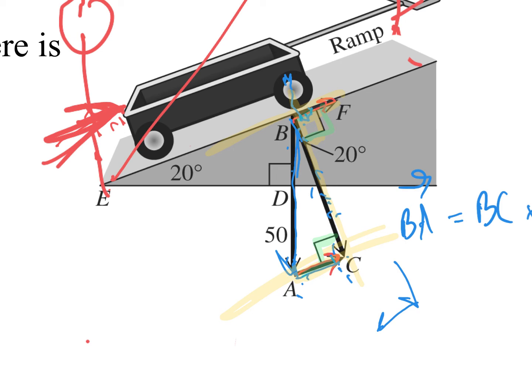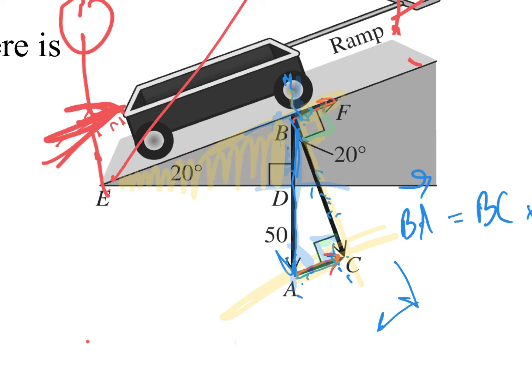And if we know this side's the same as this side, what else can I have? I can use another transversal. I can make this one a transversal. This BA is a transversal, also cutting the same two parallel lines. So that makes this angle equal to this angle. So if this angle is equal to this angle, and this angle is equal to this angle, I would like to see that I have two similar triangles.